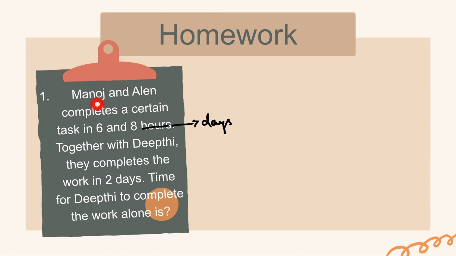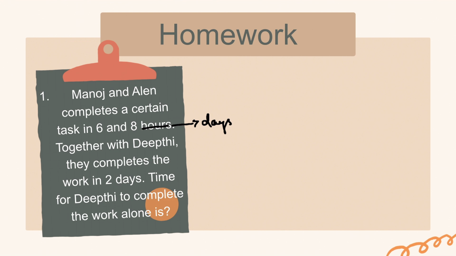So Manoj takes 6 days, Alan takes 8 days, Deepthi takes x days, we don't know. But together they take 2 days. We have to calculate that x, how much time Deepthi will take to complete the work. Let's see how we can solve this.